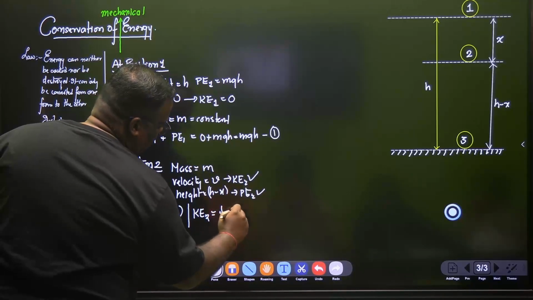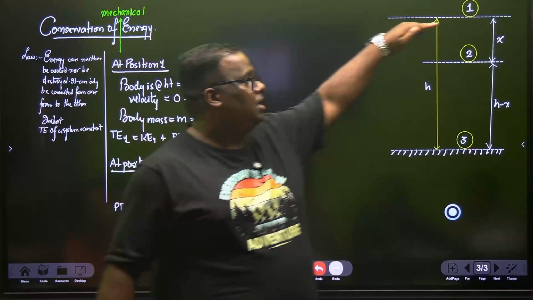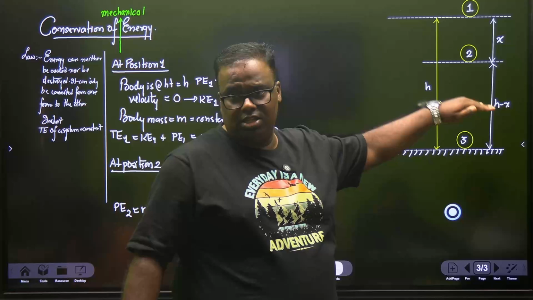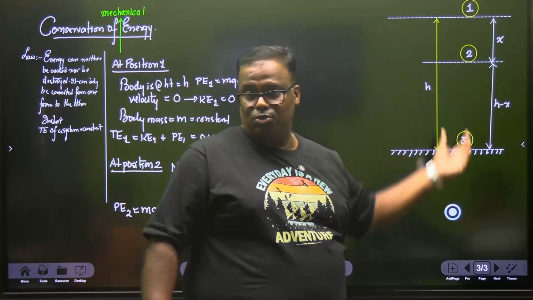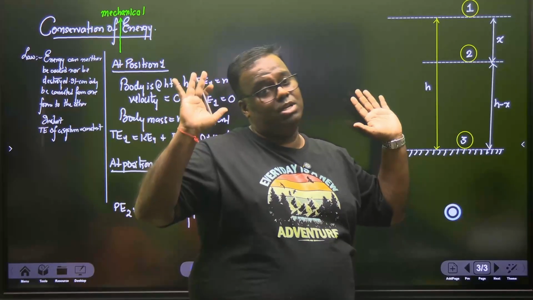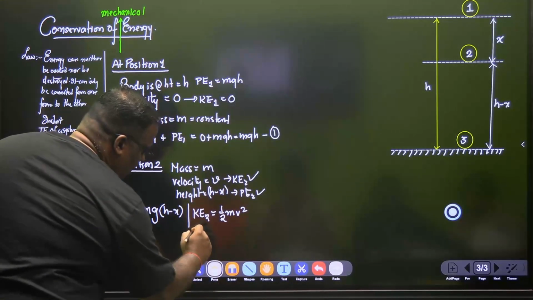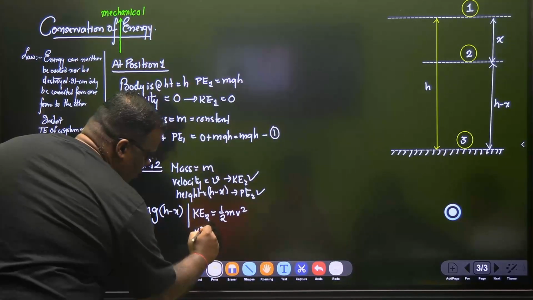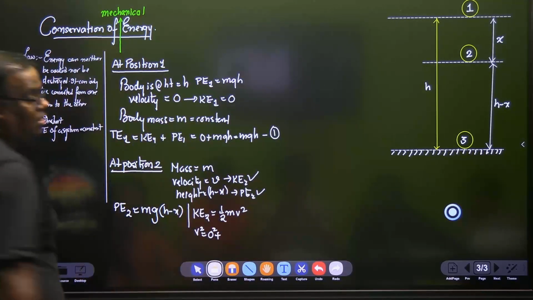Half mv square. Agreed? But is this uniformly accelerated motion? Yes, you are under the acceleration due to earth, straight line motion. So the third equation of motion is applicable here, means suvat is applicable. So I can use my third equation, which is v square is equal to u square plus 2 a s.